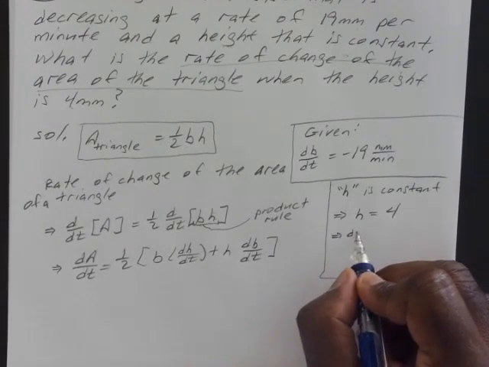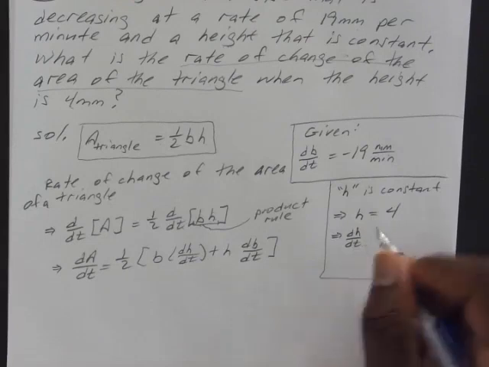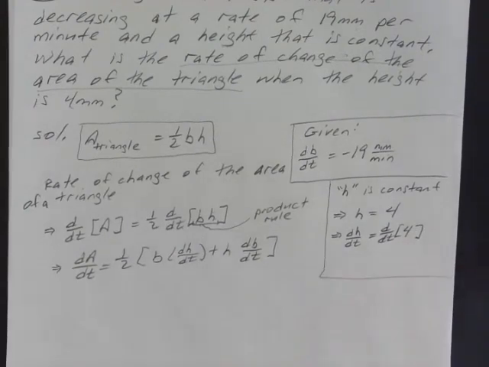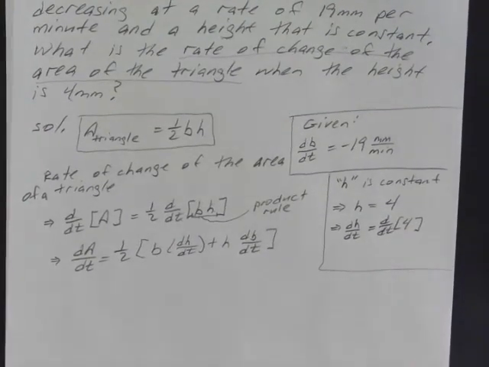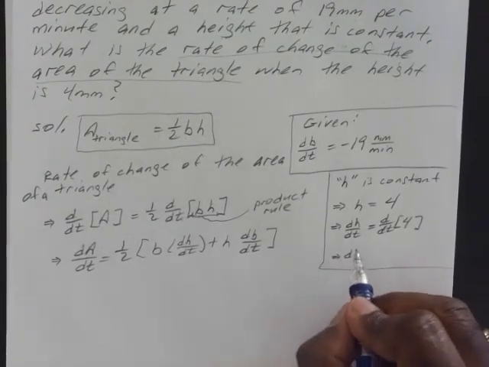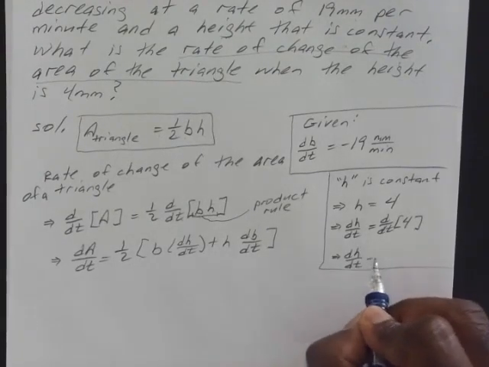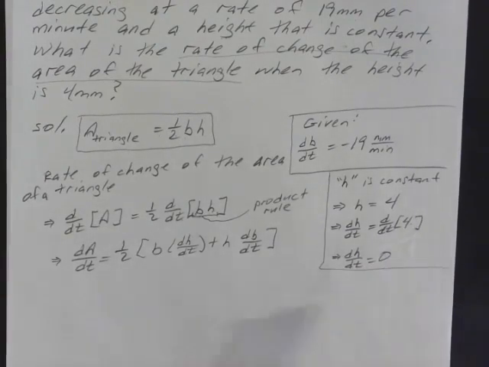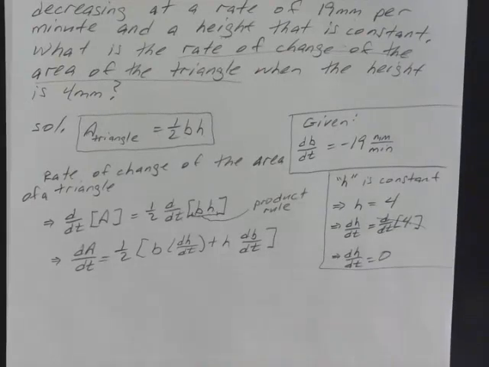So now the derivative of h with respect to t is equal to the derivative with respect to t of 4, which means your dh/dt is equal to 0. The derivative of a constant is always 0. Or the rate of change in this case is 0.